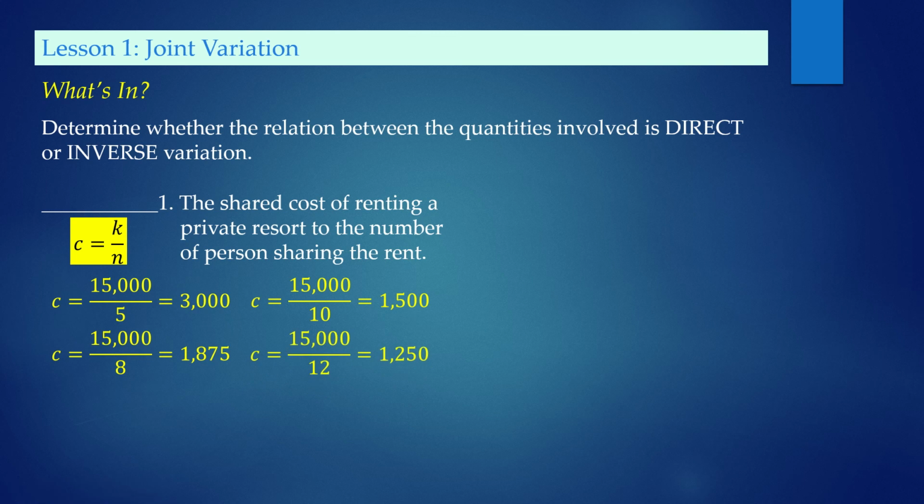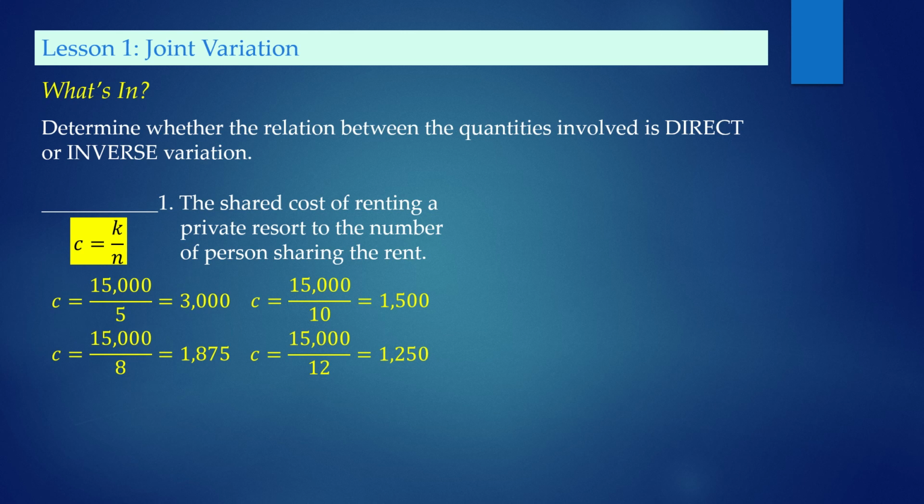And lastly, last example computation. If there are 12 persons, each pays less, only 1,250 pesos for the overnight stay. So you can see the relationship between the shared cost and the number of persons sharing the rent of the private resort.